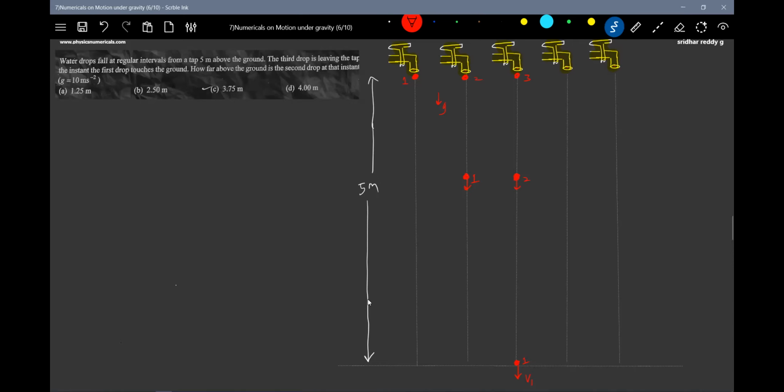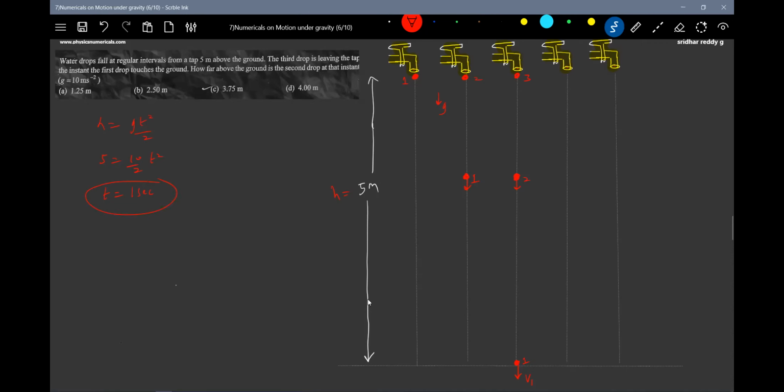Now, how much height will the first drop descend? 5 meters. H is equal to g t squared by 2. This is 5 equals 10 by 2 t squared, so t equals 1 second.